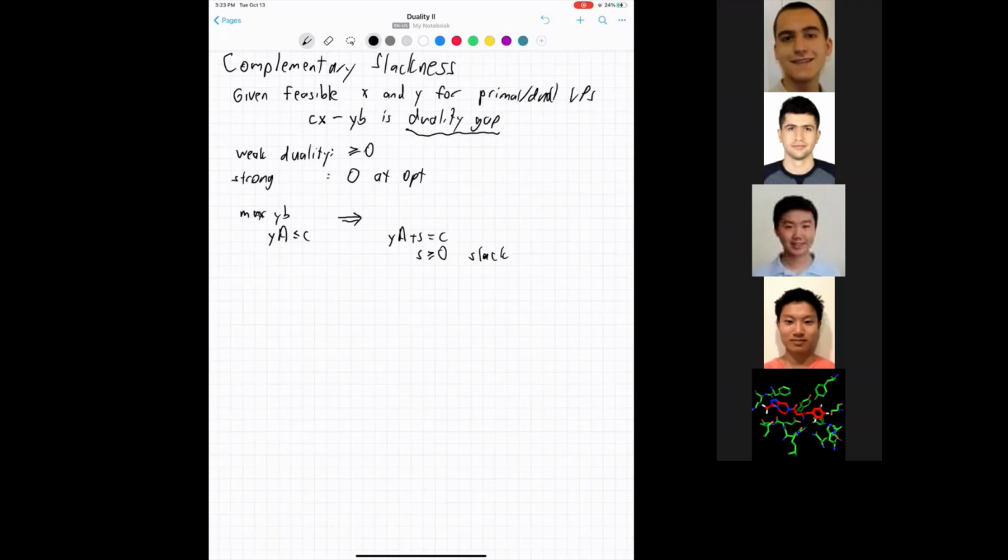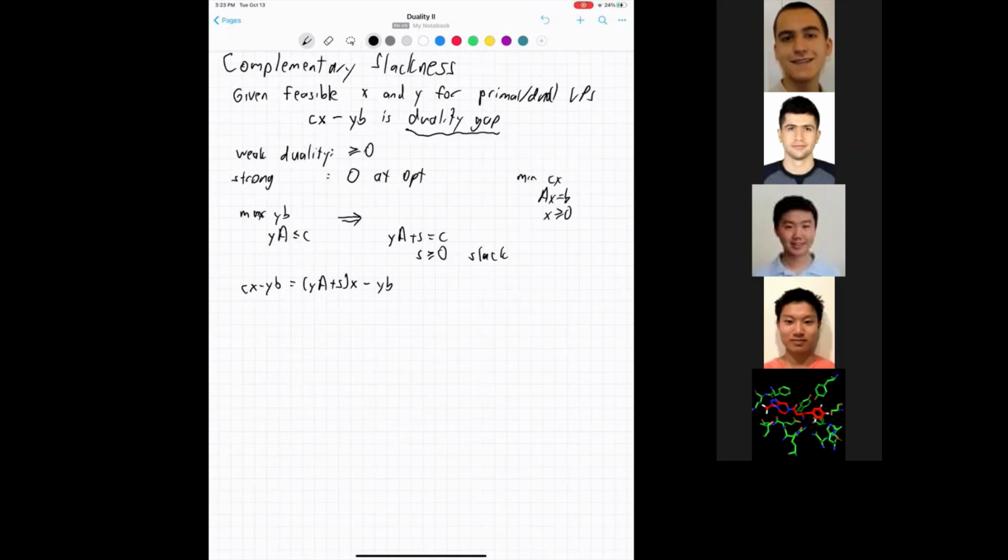Now I can take the duality gap, CX minus YB, and I can rewrite that as YA plus S times X minus YB. Just to remind you, besides the max of YB such that YA is less than or equal to C, we also had a min of CX such that AX equals B and X greater than or equal to 0.